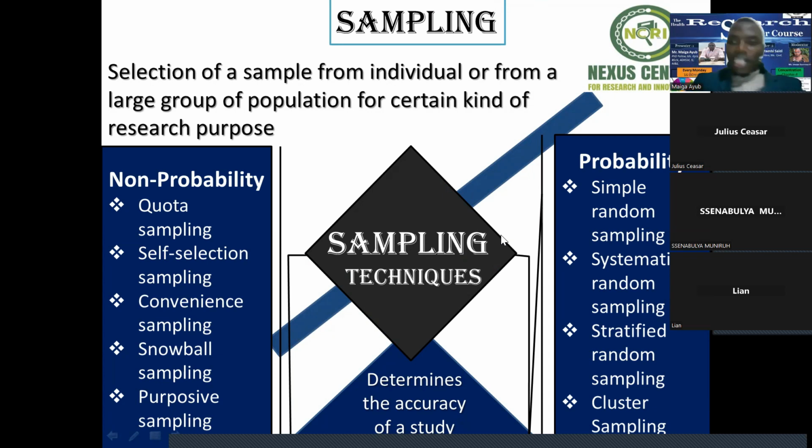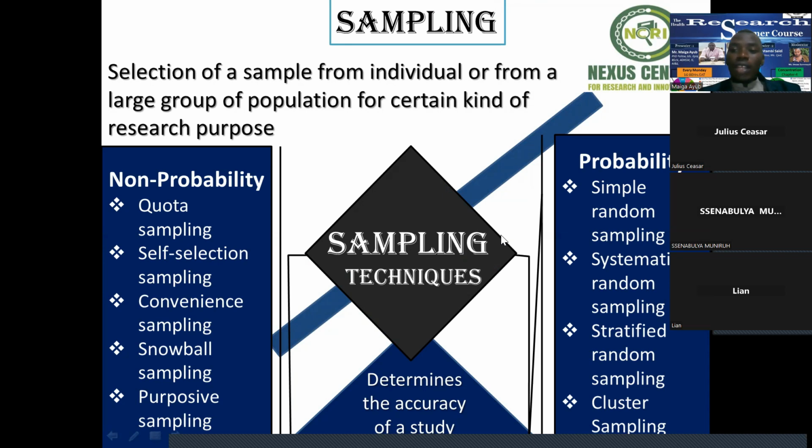But as you try to select this small group from the population, there are methods and techniques that are used, and these techniques are so important that they can determine the accuracy, they can reduce the bias of your research, because you have so many biases. Give an example of selection bias, and sampling bias.